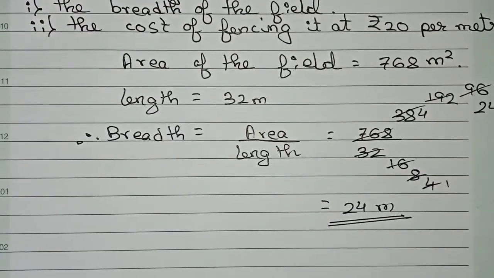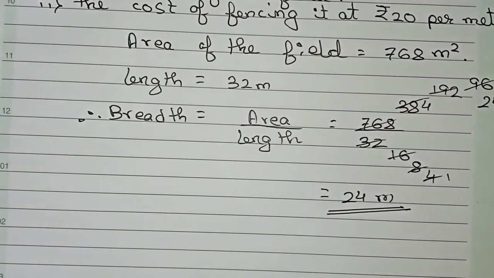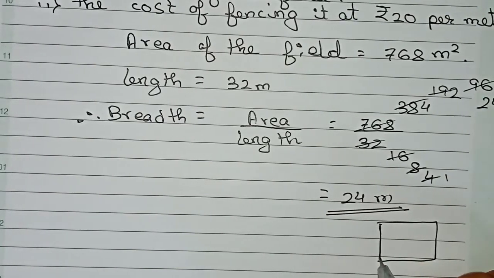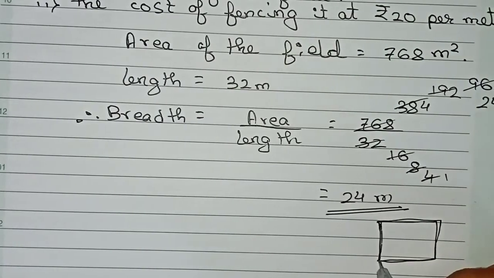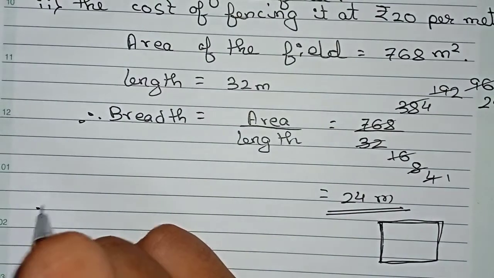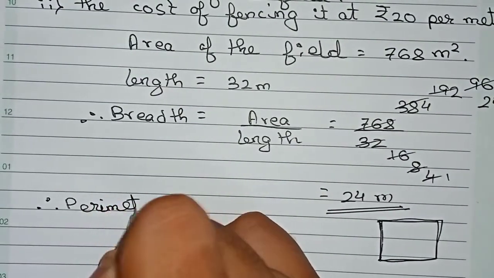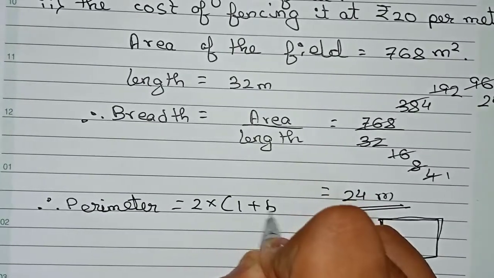Now we have to find out the cost of fencing at rupees 20 per meter. So for that we have to find the perimeter, because if we imagine that this is our field and we have to fence it, that means we have to fence the boundary. So to find out the boundary length we have to find the perimeter. So the formula of perimeter is 2 into length plus breadth.